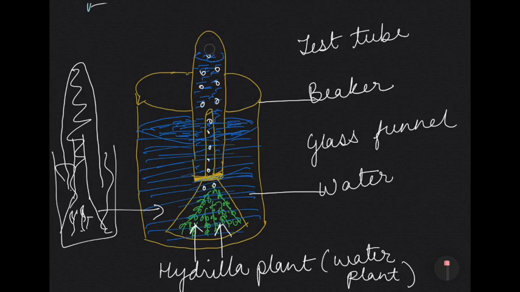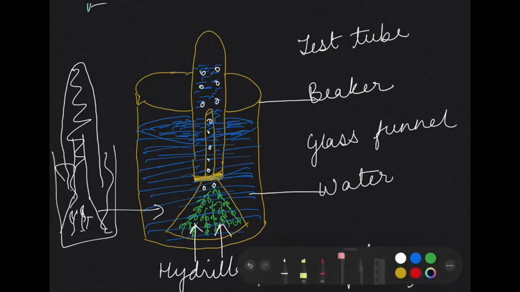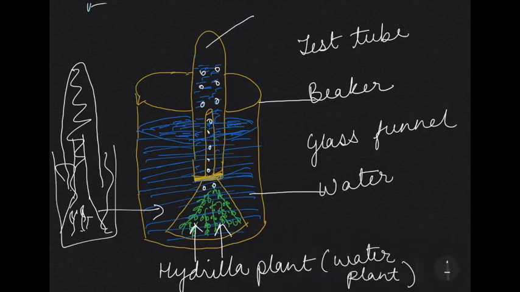Empty space will start forming at the top of the test tube. What is this empty space? It is nothing but oxygen being formed. So it will deposit here, it will get filled up in this space. So what will happen? The water level will start dropping down.